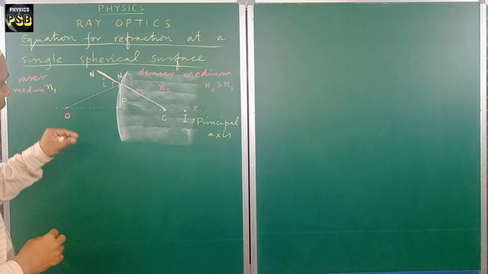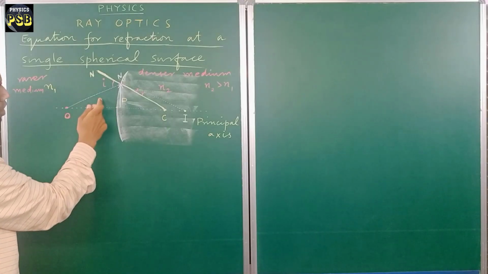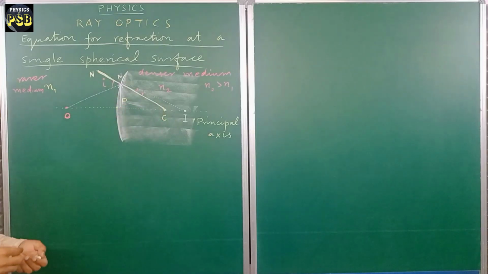Here I have got one, two, and three right angled triangles.